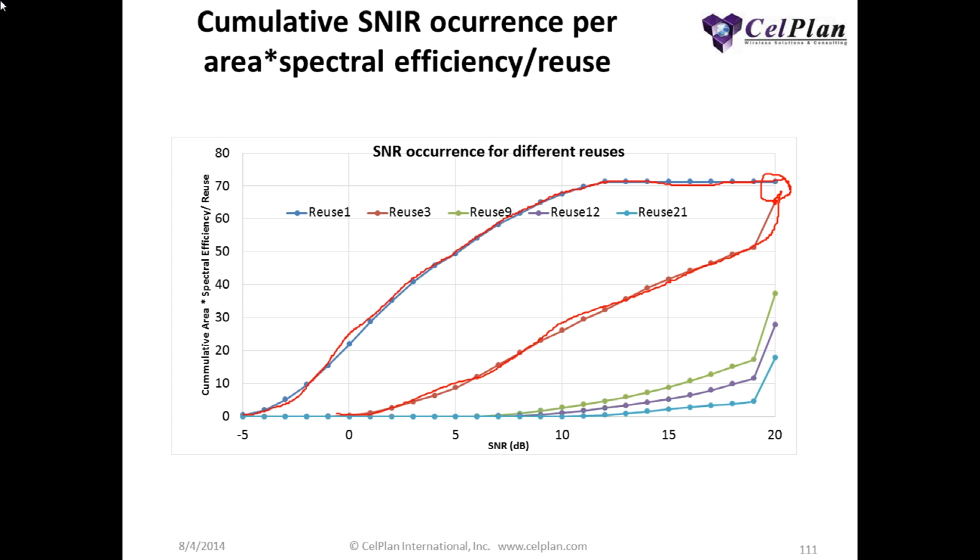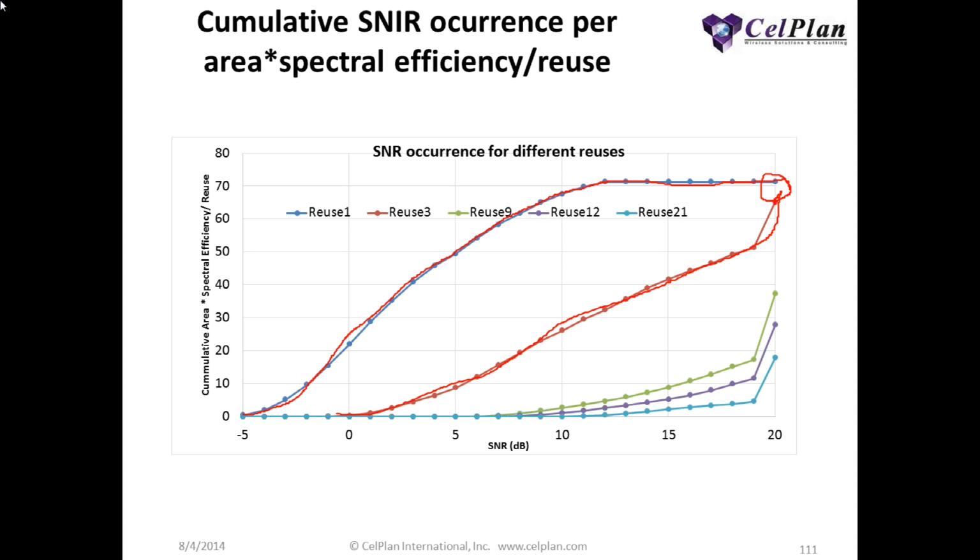Reuse of 3 has an advantage that the instantaneous throughput is higher because it's using more modulations, higher modulation schemes. But with reuse of 1, the instantaneous throughput is smaller, but it accommodates better, and we can reuse all the resources.